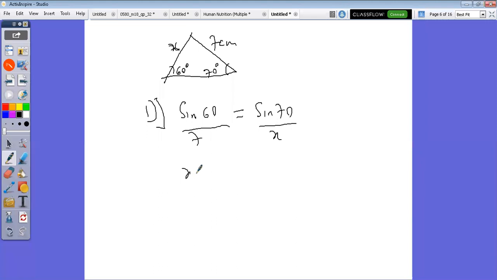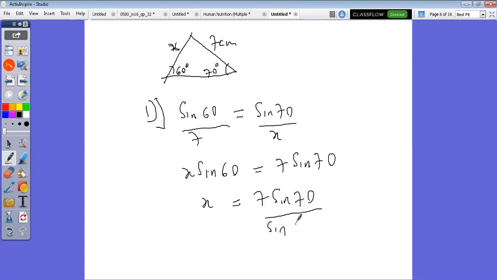So we now have x sine 60 is equal to 7 sine 70. Are we together? Then divide both sides by sine 60. X is equal to 7 sine 70 over sine 60. What do you get? Use your calculators.